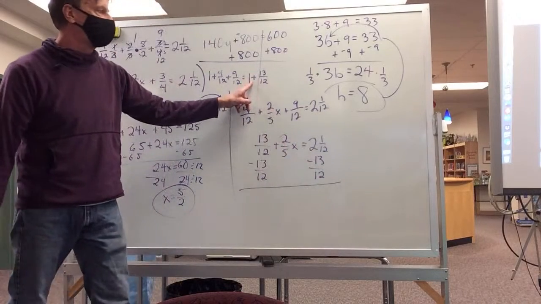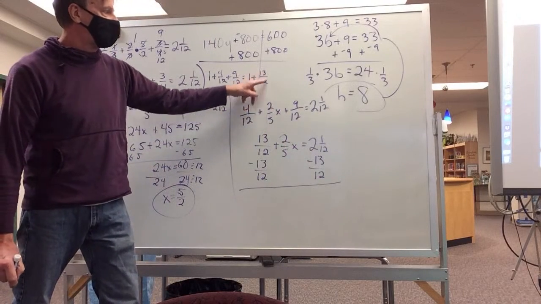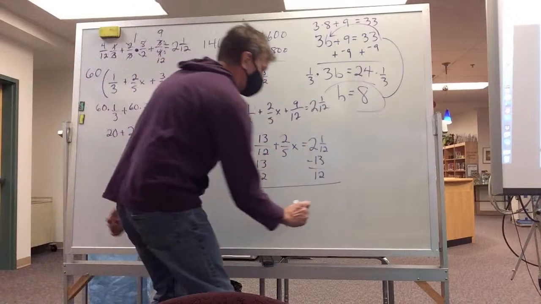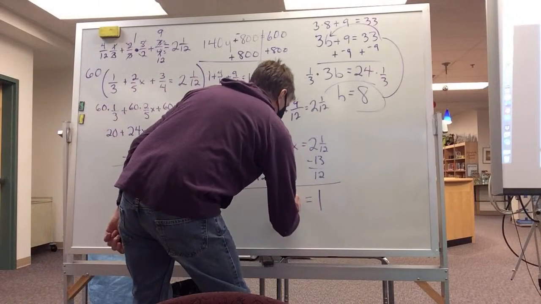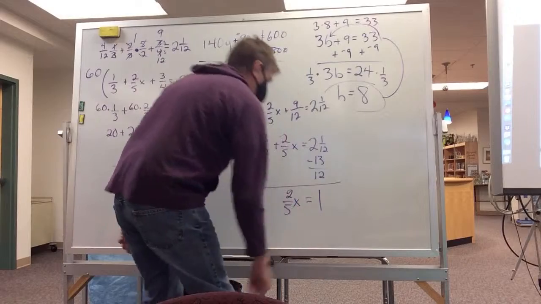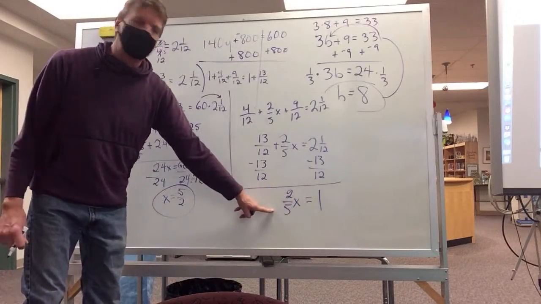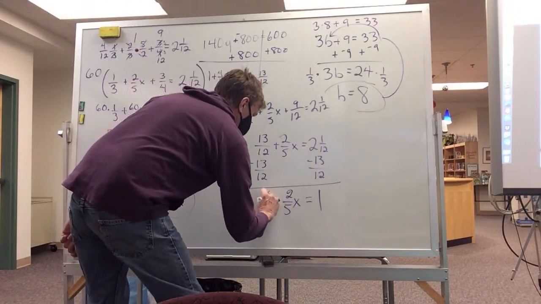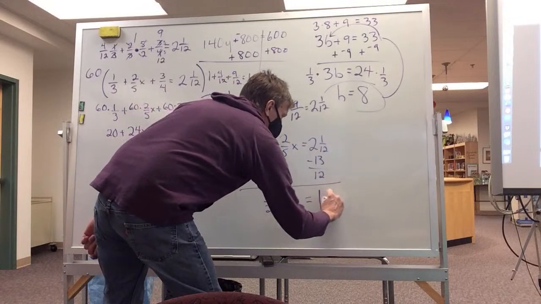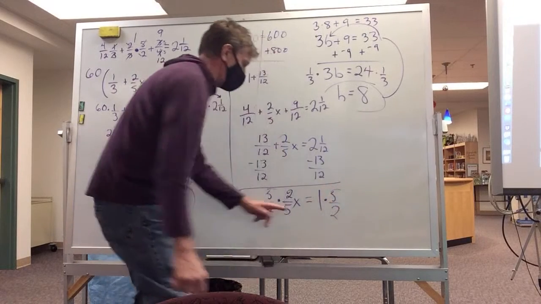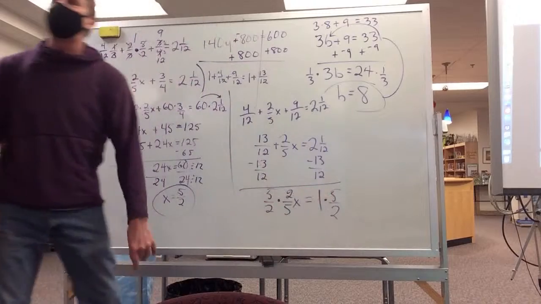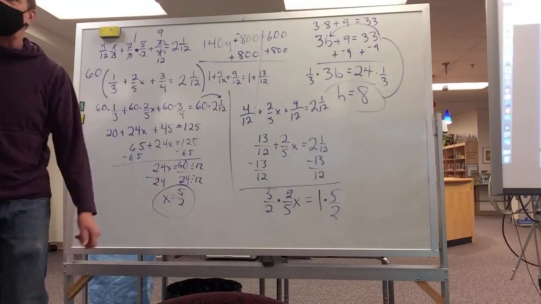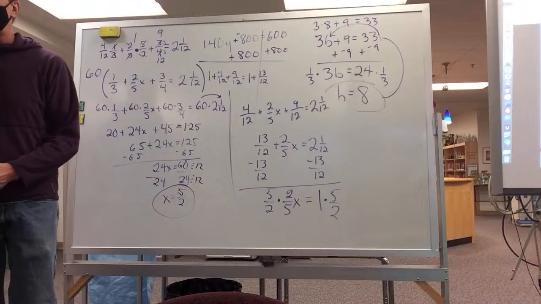And we saw before that 13/12 is 1 and 1/12. So this just ends up being 1. Now we multiply by the reciprocal. And x is equal to 1 times 5/2, which is 5/2, which is what we got over here. So you can do this any way you wish.